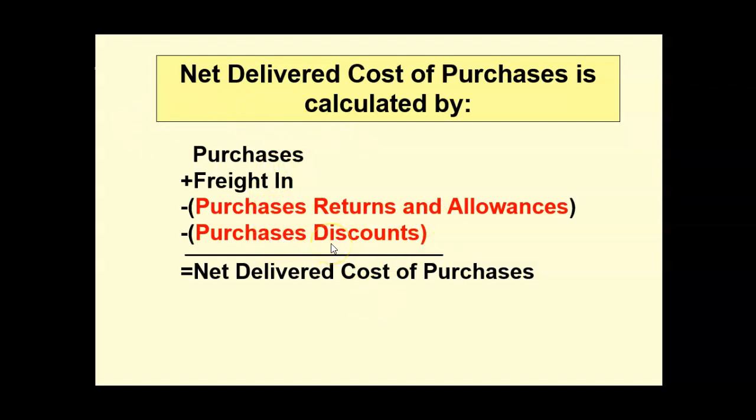Purchase discounts take place when we make a payment by a certain time period. They may give us a discount that's known as a purchase discount. So you take your purchases, add in your freight in, minus your returns allowances, and minus any purchase discounts, and that will give us what is known as our net delivered cost of purchases.